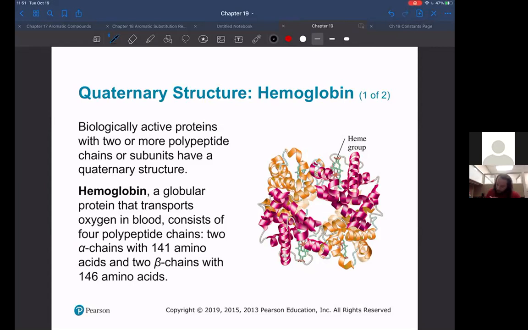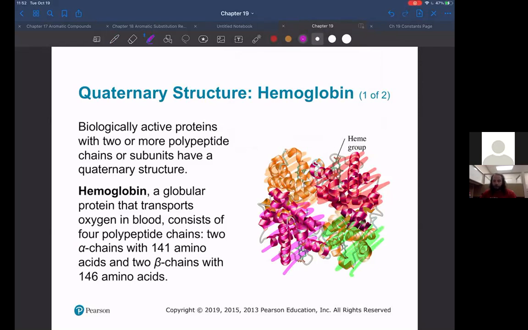Okay, so again, hemoglobin is an example of a protein that has a quaternary structure because each one of these, so this orange one here, this red one here, this other orange one here, and then this one here. These are all four different polypeptide chains.